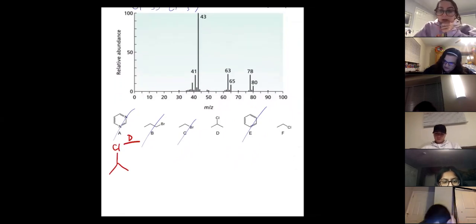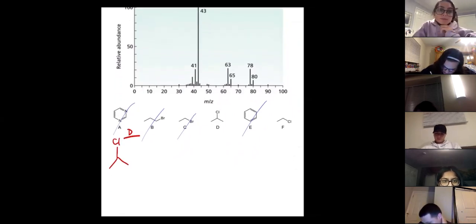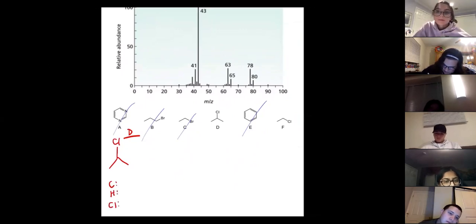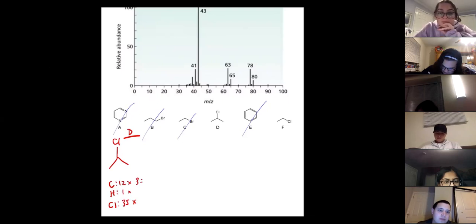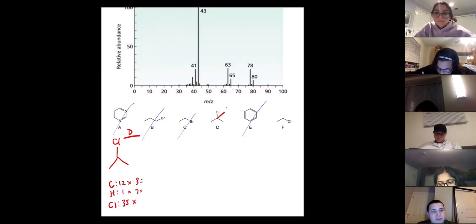So if we go for D, what do we got? Carbon, hydrogen, and Cl. So carbon is 12, hydrogen 1, Cl 35. 3 carbons, 6, 7 hydrogens. Common mistake is missing that H there.